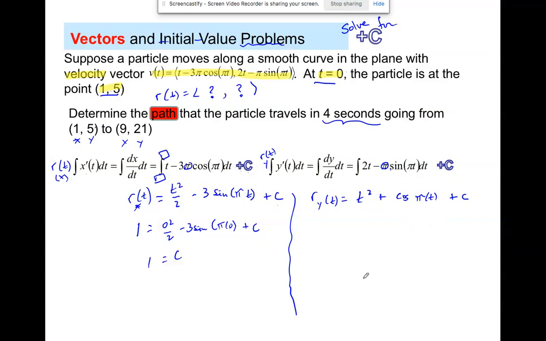Plus c. Again, what do you know? You know that at time 0, the y position was 5. Pi times 0 is 0. Cosine of 0 is 1.